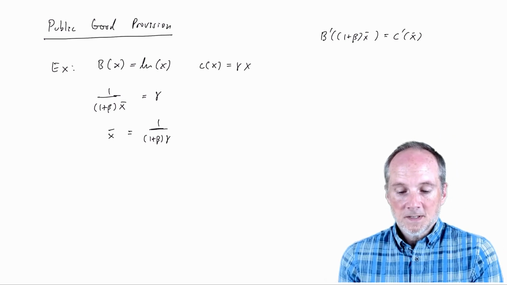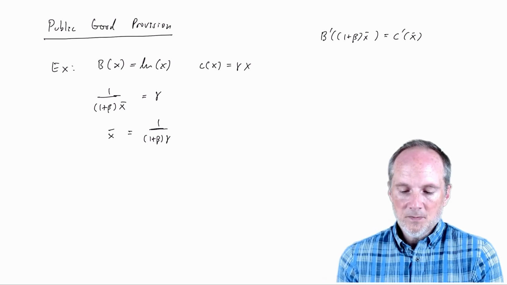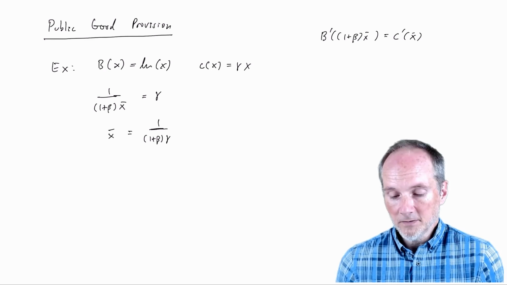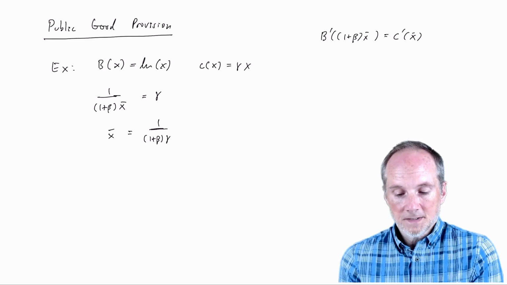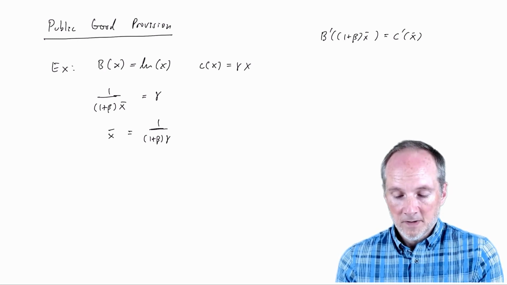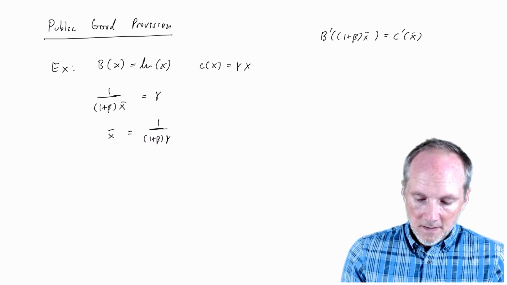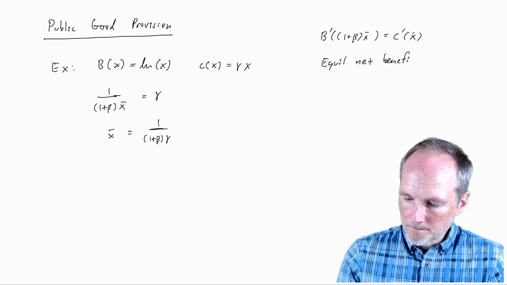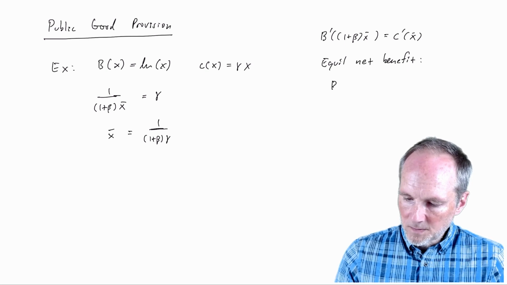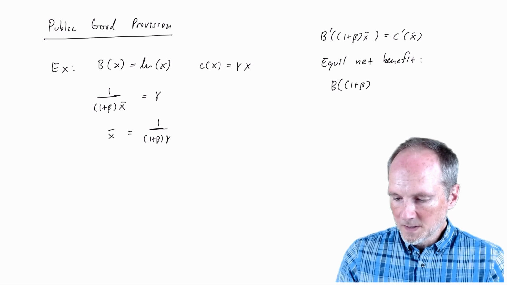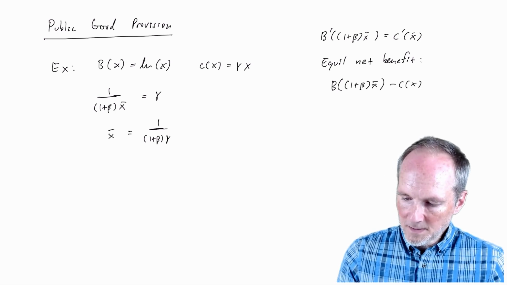One way to see, just in this little example, that these guys are choosing an inefficiently low activity level is, well, let's think about the equilibrium net benefit of one of these decision makers. In general, the equilibrium net benefit is just the benefit when I'm choosing x bar and you're choosing x bar, minus the cost of choosing x bar.